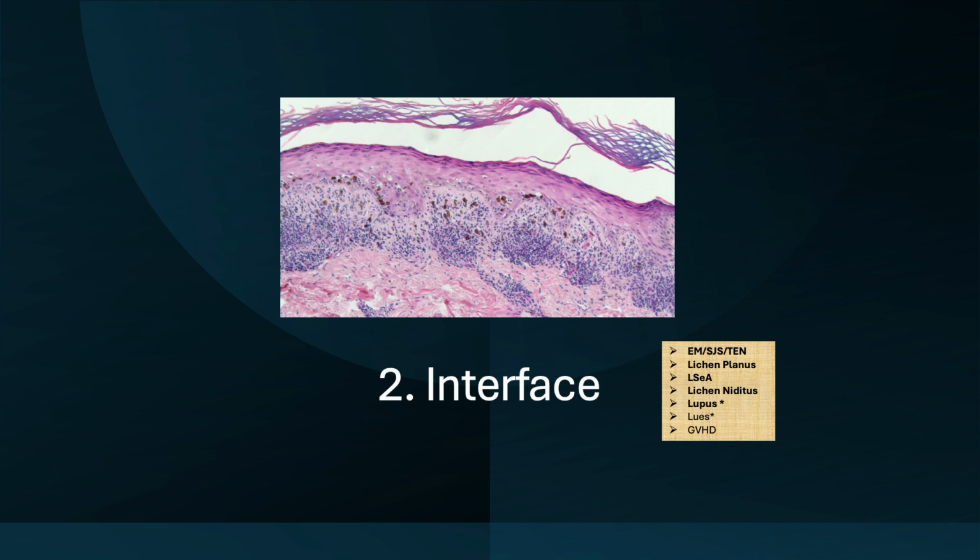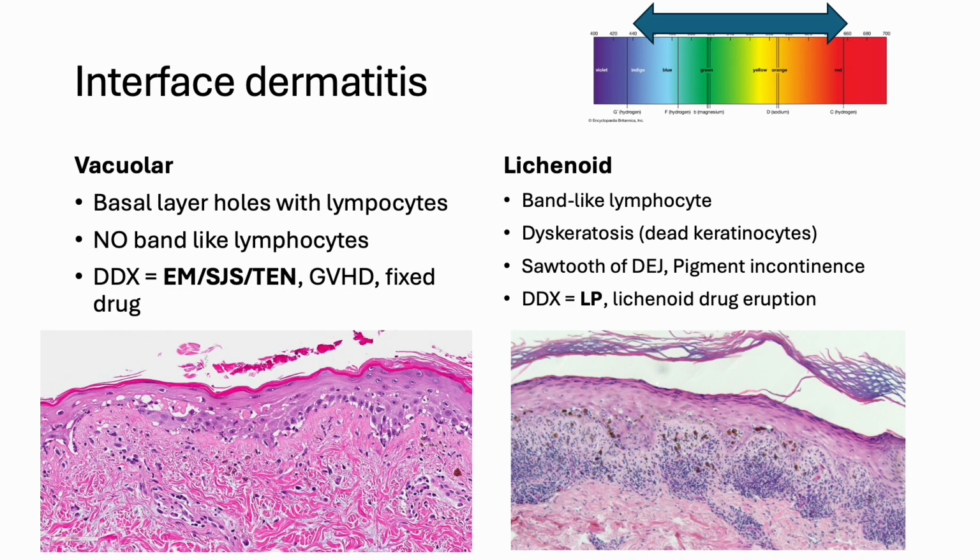Let's move on to category number 2, interface dermatitis. Under this category, we will talk about the erythema multiforme, lichen planus, lichen sclerosus, lupus, and so on. First, let's discuss what is interface dermatitis. Interface basically means the dermo-epidermal junction, this area.